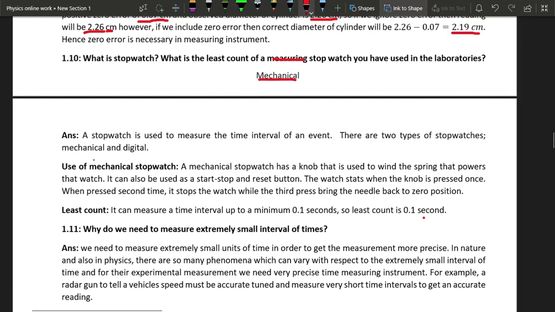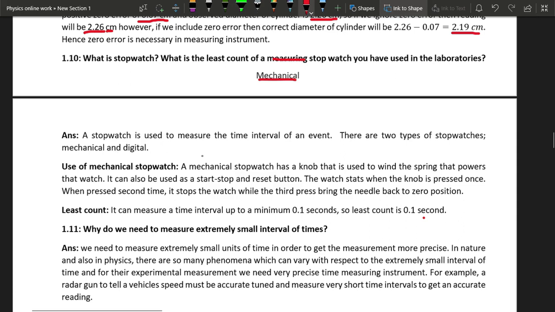A stopwatch is used to measure the time interval of an event. We already discussed the stopwatch, mechanical stopwatch and digital stopwatch in our lecture on stopwatch, so you can refer to that lecture for further details.